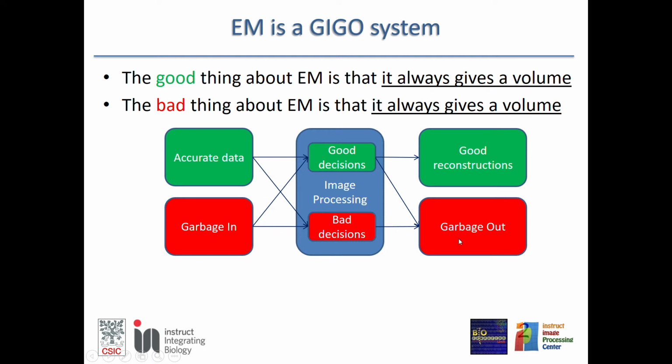If I have bad data, it doesn't matter what I do with the image processing, I will always have bad reconstructions. And so this GIGO, garbage in, garbage out, is something very typical in many systems.